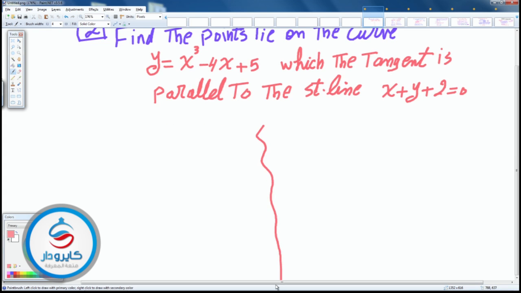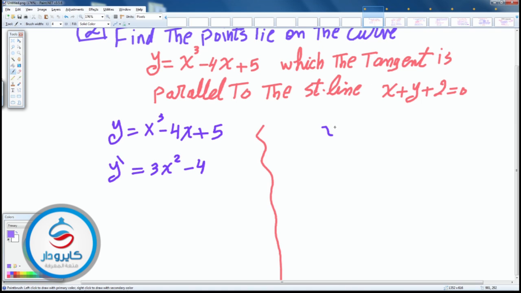Now we have to go to solve. Firstly, y equals x power 3 minus 4x plus 5. y dash equals 3x power of 2 minus 4.